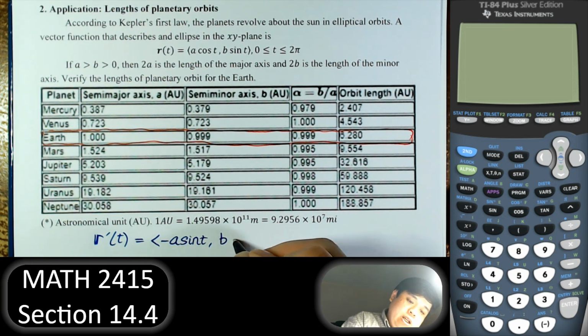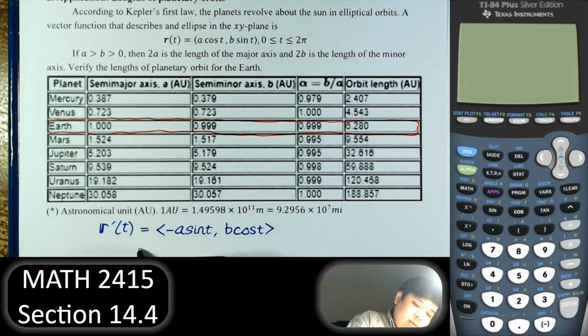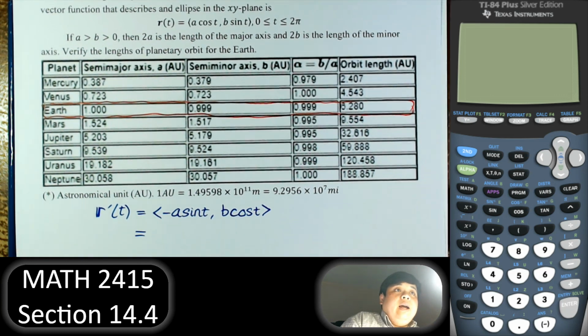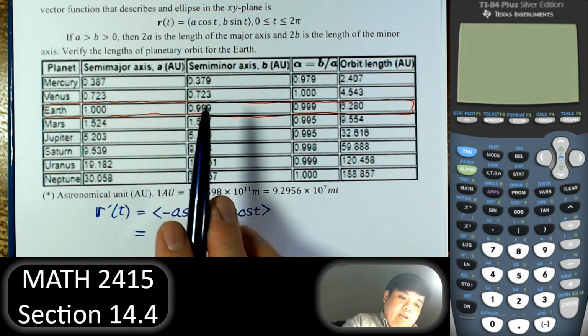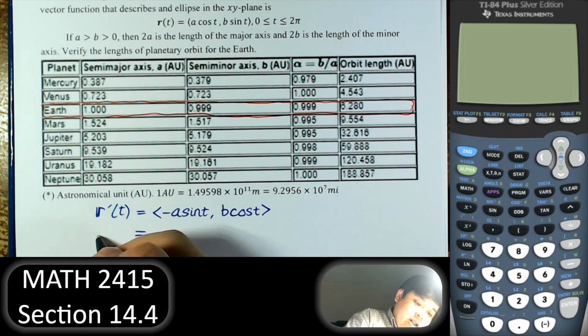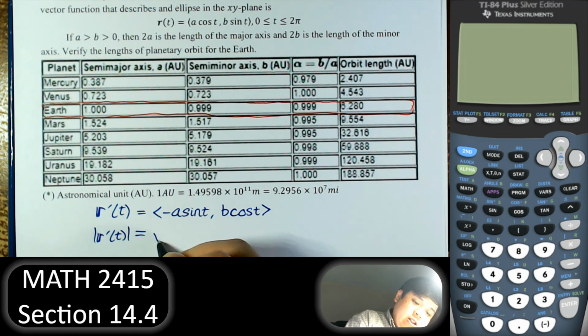The derivative of b sine t is b cosine t. Of course, a and b we can use those values later. But now let's take the magnitudes of that.